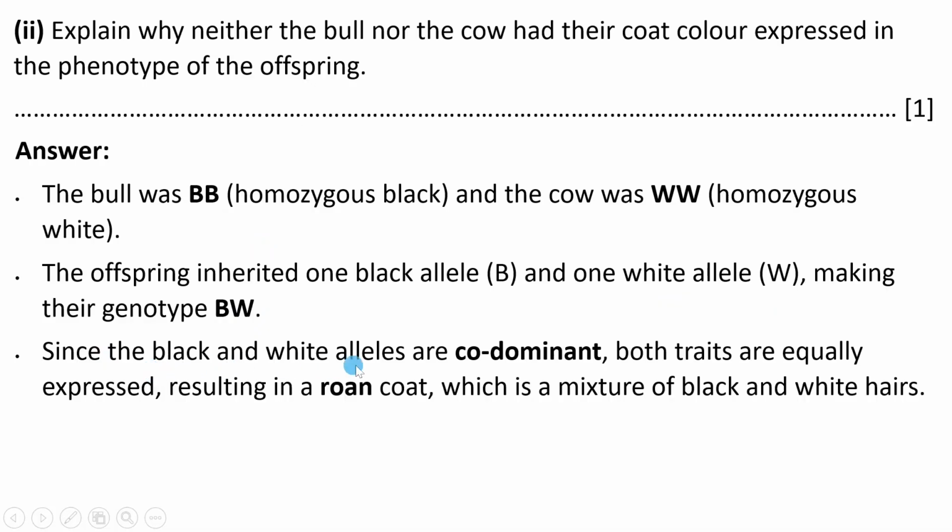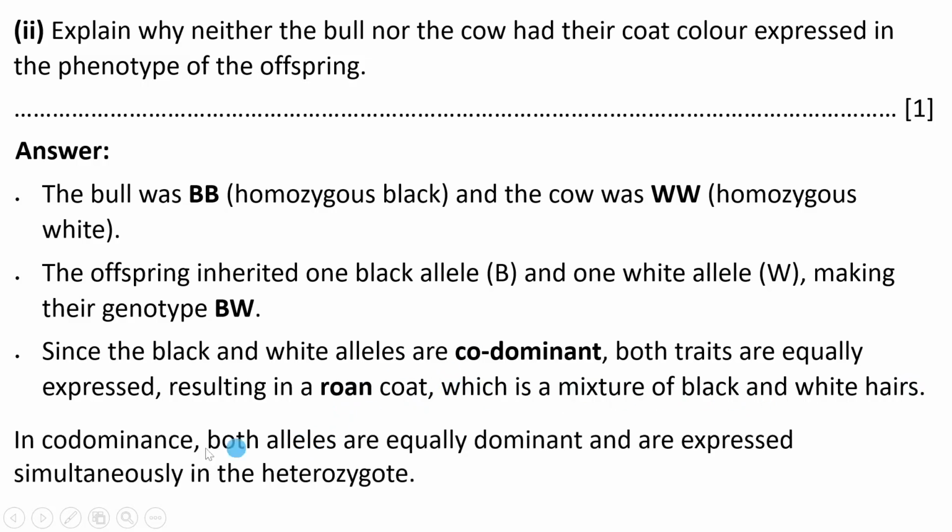Since the black and white alleles are codominant, both traits are equally expressed, resulting in a roan coat, which is a mixture of black and white traits. So what do we mean by codominant? In codominance, both alleles are equally dominant and they are expressed simultaneously in the heterozygous.